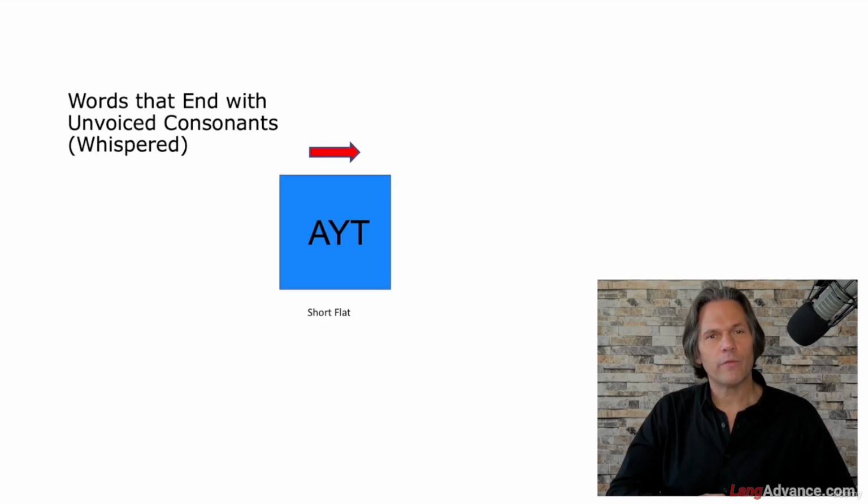Let's go through a few more vowel sounds using the short flat tone with each of them before the consonant sound T cuts off the vowel. Eat. Oat. Out. Oot.